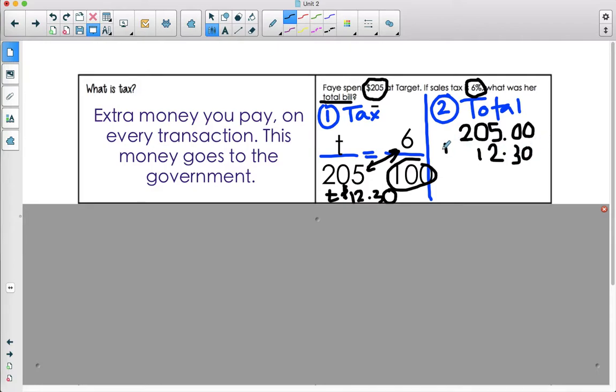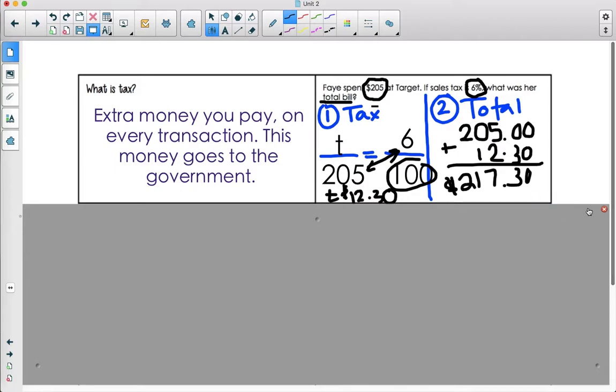So we can add these together. 0 plus 0 is 0, 0 plus 3 is 3, 5 plus 2 is 7, 0 plus 1 is 1. All right, so our total is going to be $217.30. So there's a tax question.